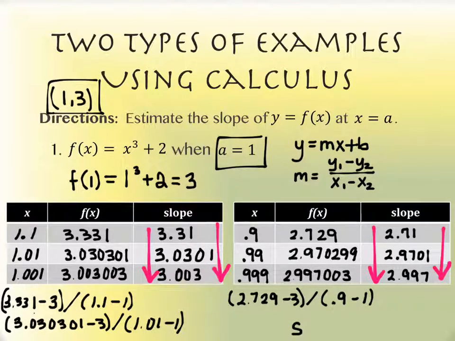So our slope is approximately 3. Now, in reality, it's exactly 3. That's actually the exact value. But we can't make that claim yet. We haven't proven that with any calculus techniques. This is just a numerical approximation.